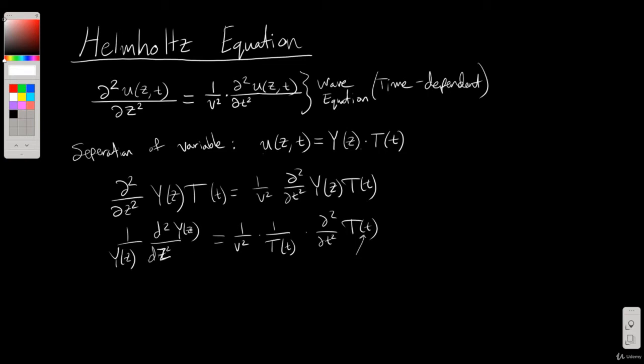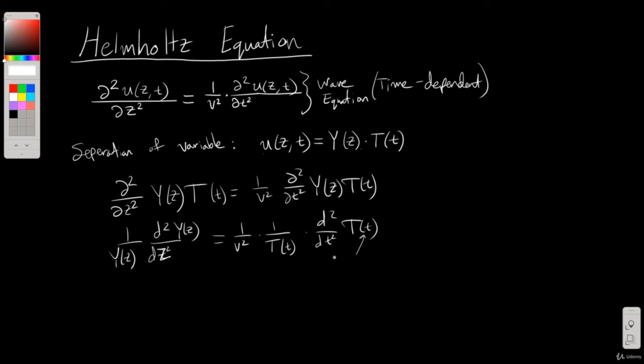But here, since capital Y is only dependent on z, I can't take a partial differential. I'm only taking a differential with respect to z in the case of Y. Likewise over here with T, I can rewrite this as just a normal double derivative, like that. So I hope that makes sense.